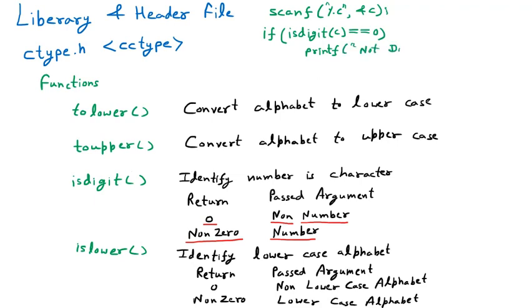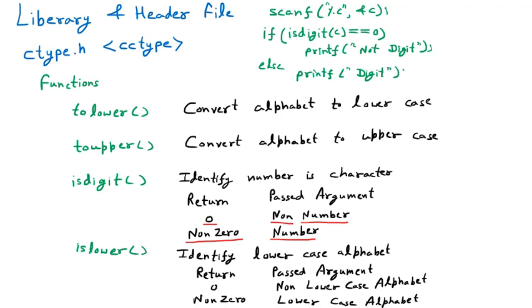Not digit means it is a character, else we can print by saying printf "digit".